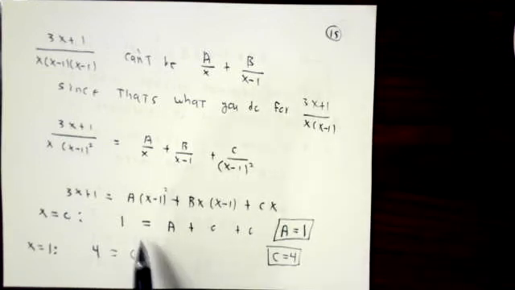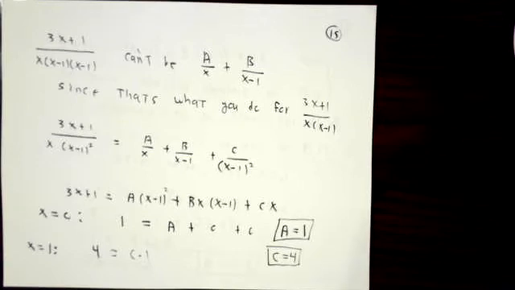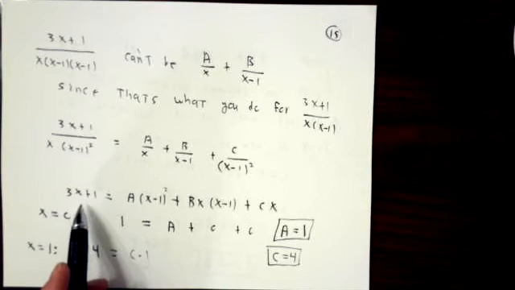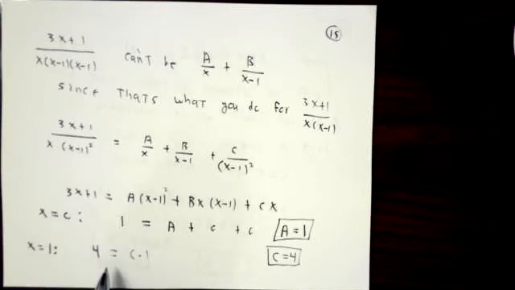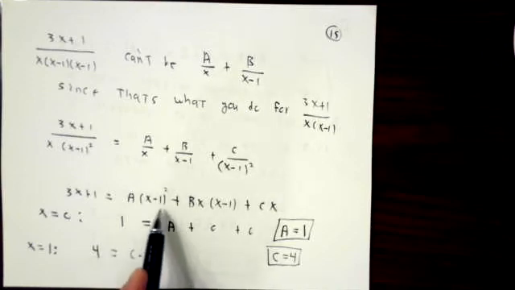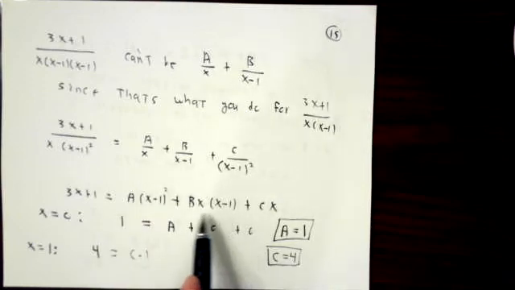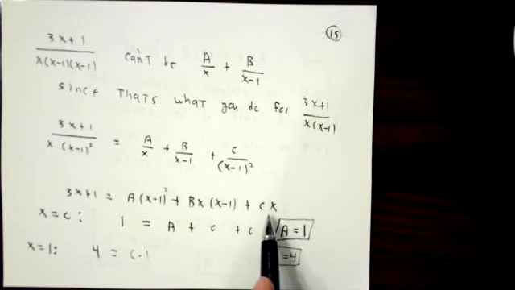So this immediately tells me that a has to be 1. What if x was 1? On this side of the equation, I'm going to have 3 times 1 plus 1, which is 4. If x is 1, then this chunk is 0, that chunk is 0, and that chunk is c times 1. So that immediately tells me that c has to be 4.